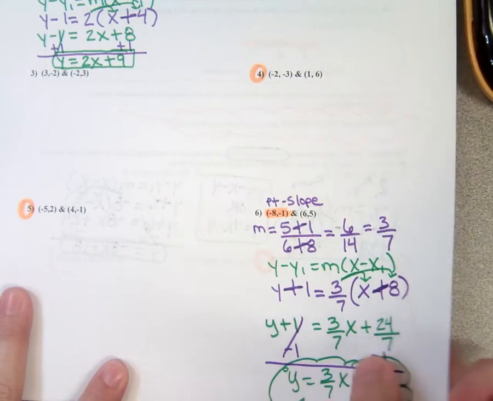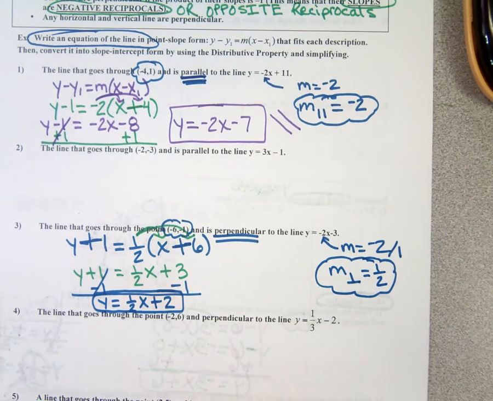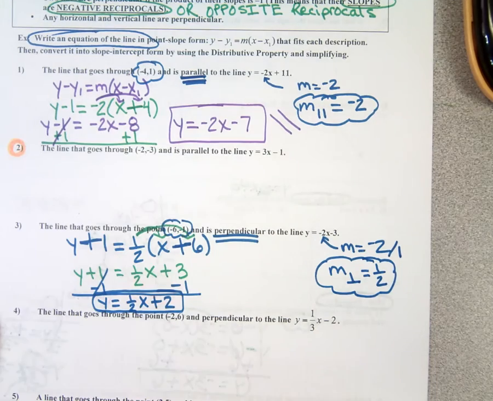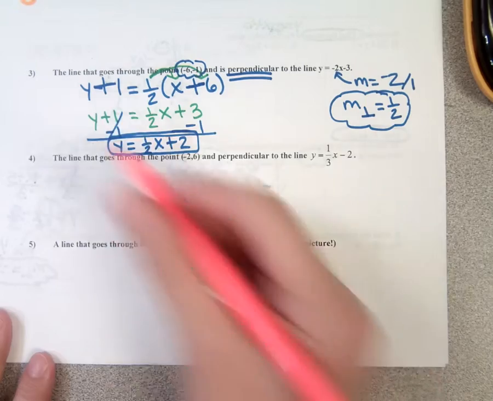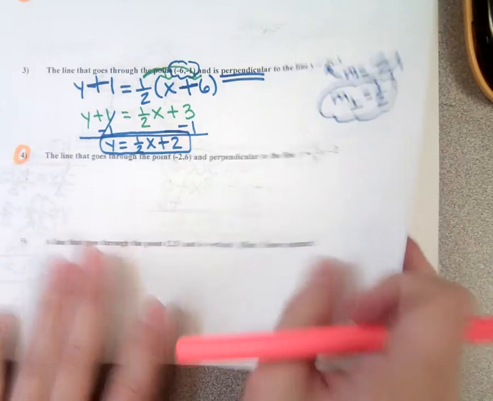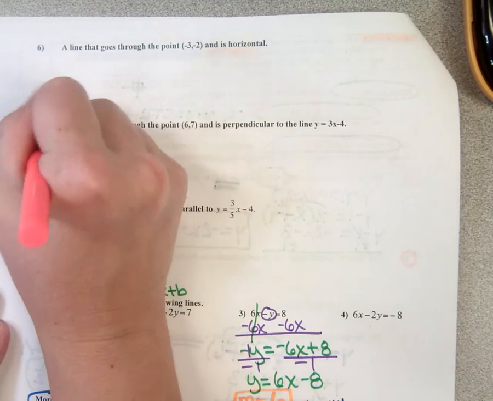Okay, let's flip the page. On this page where we were talking about parallel and perpendicular, I want you to do number 2. And I want you to do number 4. Okay, let's flip the page. On this page, I want you to do number 7.